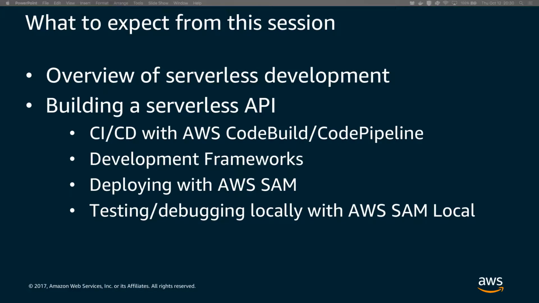What this will do is show you how easy it is to get started from nothing and have a website up and running either on AWS or locally on your laptop, and be able to very rapidly iterate with that. I'll talk a little bit about serverless deployment frameworks. I'll talk about using AWS SAM, which some of you may have used already. And then talk a little bit about how you might test and debug using that as well.